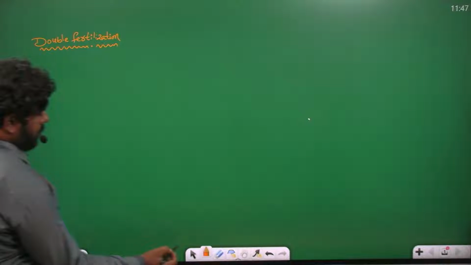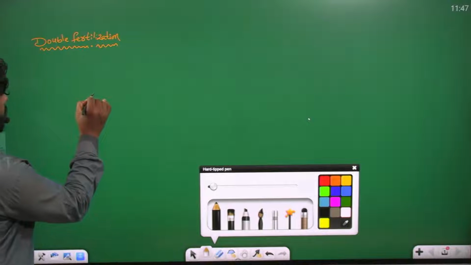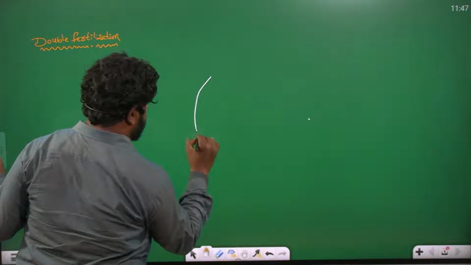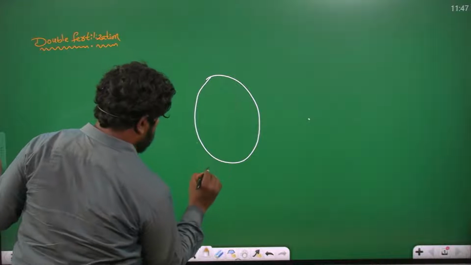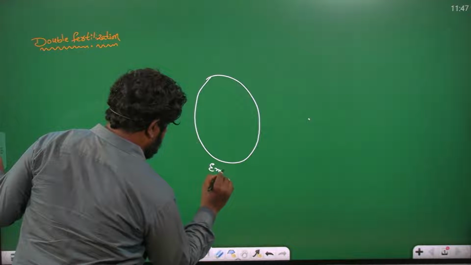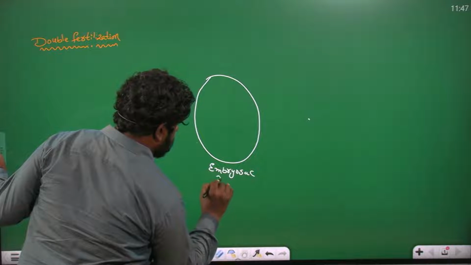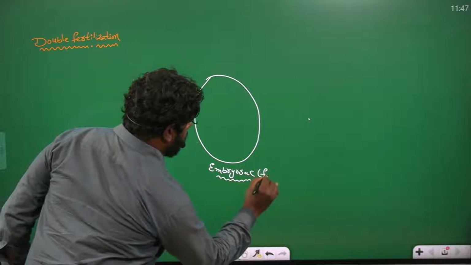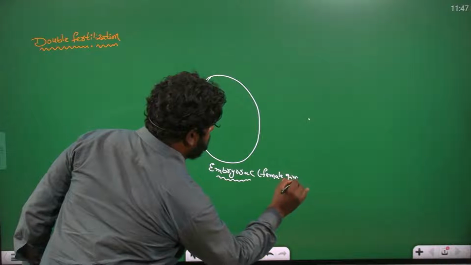See, imagine this is the embryo sac. In the previous class we already discussed it. This is the embryo sac. Embryo sac is also known as the female gametophyte.